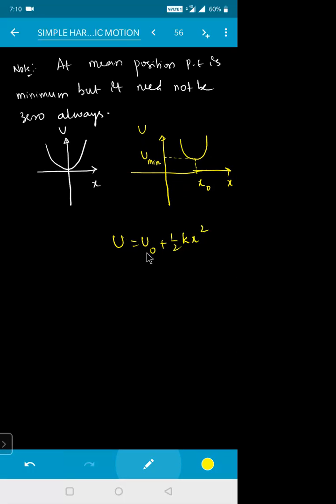Then it is not zero at the origin, because it has some constant. That constant energy I am taking as U minimum. If it is at the origin, it will pass through the origin, the first graph. If it is not passing through the origin, it already has certain potential energy, and this is the graph you need to draw for the given condition.